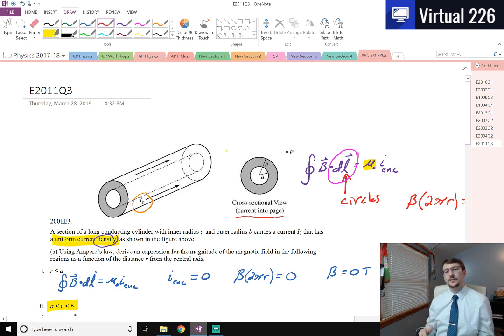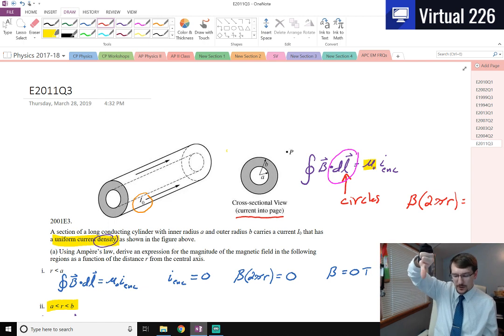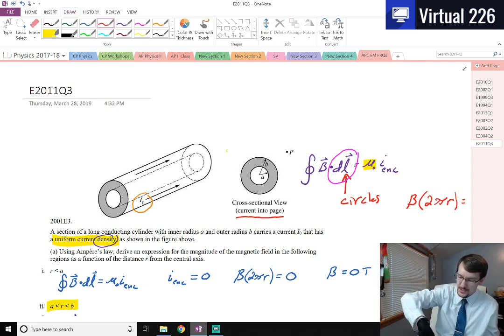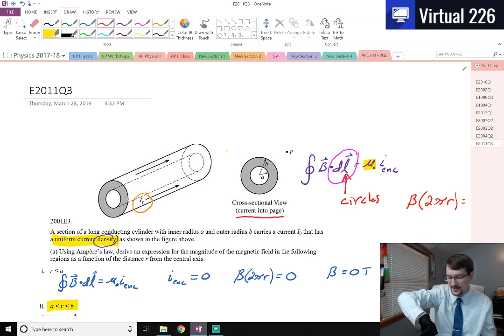So the way we can figure out what direction the magnetic field is going is we take our right thumb, because this is going to be a right-hand rule, and we stick our thumb in the direction of the current, which is into the page. What we now can see is that when we curl our fingers, they are going in the direction of the B field, in the direction of the magnetic field.